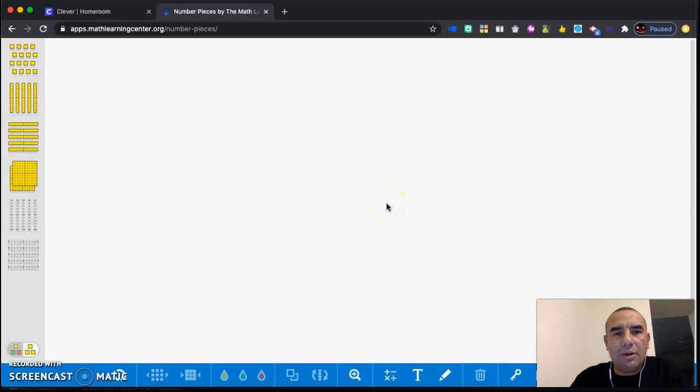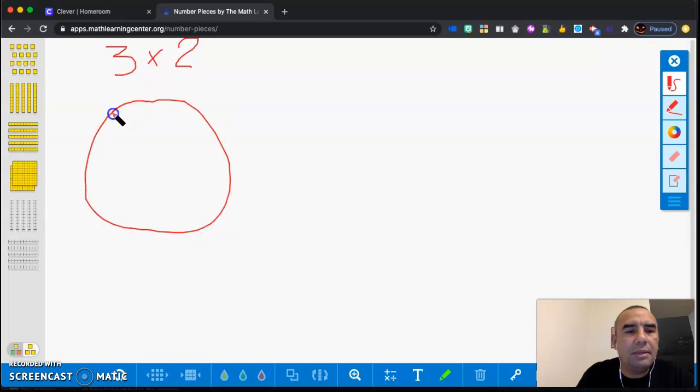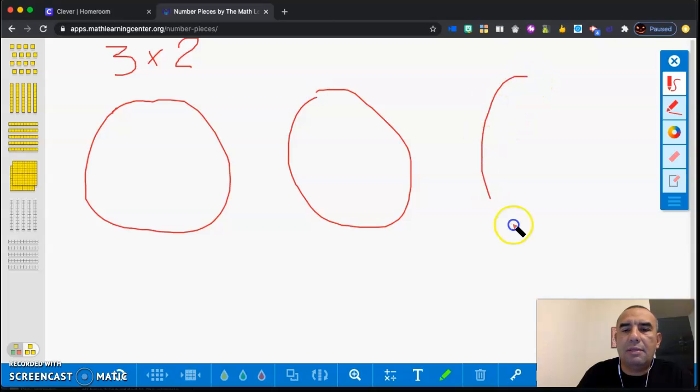So right now we're going to be representing the multiplication of decimals using base 10 blocks. Let's review briefly what multiplication means in basic terms. If you have 3 times 2, what does that mean? Well, it means that you have 3 groups, 1, 2, and 3.